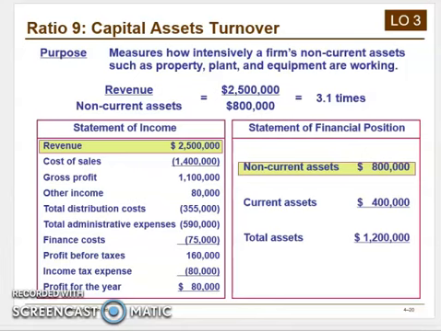So if it's revenue divided by our non-current assets, it's saying that those assets have created that value 3.1 times. So it measures how intensively a firm's non-current assets, such as property, plant, and equipment, are working.